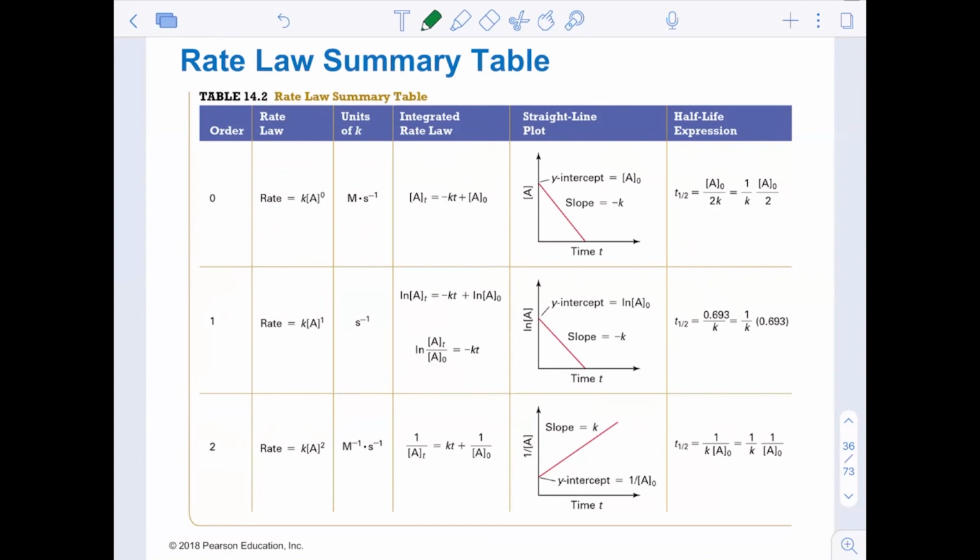You shouldn't need to derive those integrated rate laws yourself, but you should be familiar with them. Notice your book writes the integrated rate law for a first order reaction one of two ways. Either way is appropriate. The first one listed there above is written in y equals mx plus b format. The second one is more of a condensed format, easier to input into your calculator.